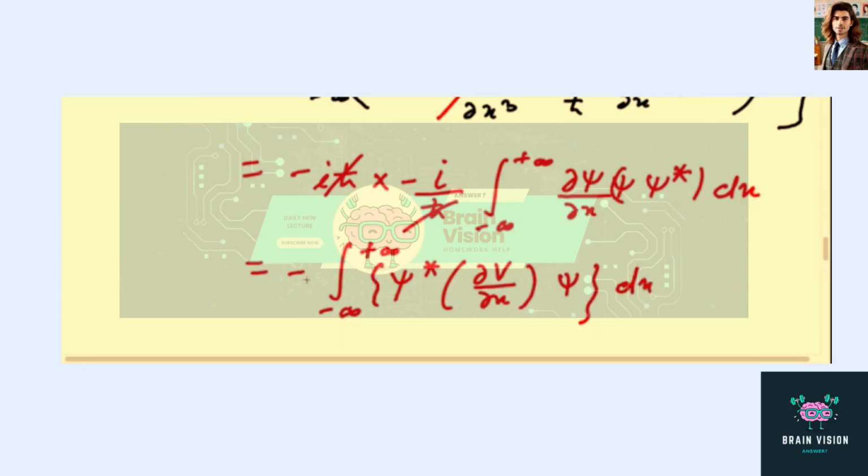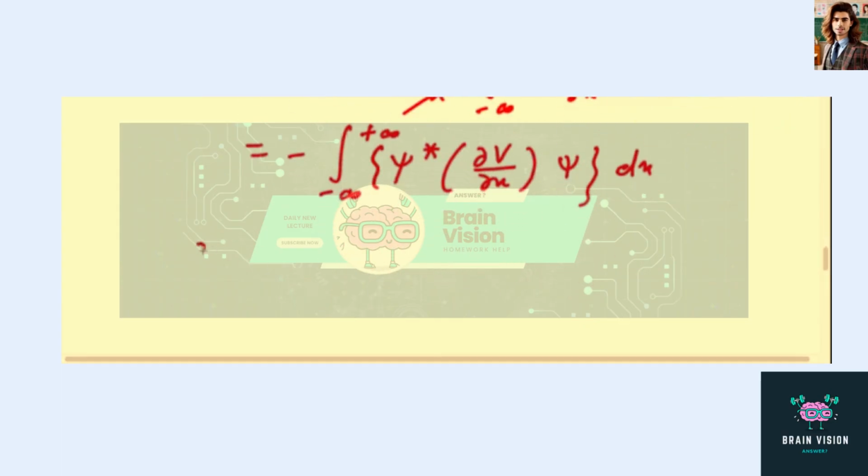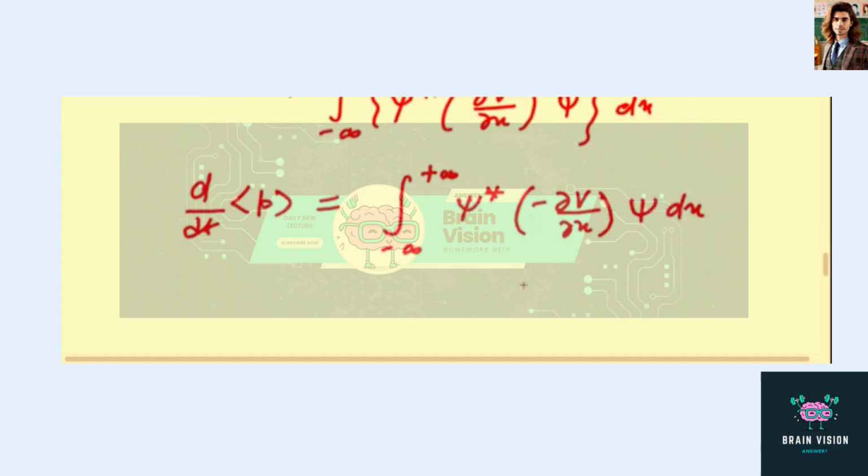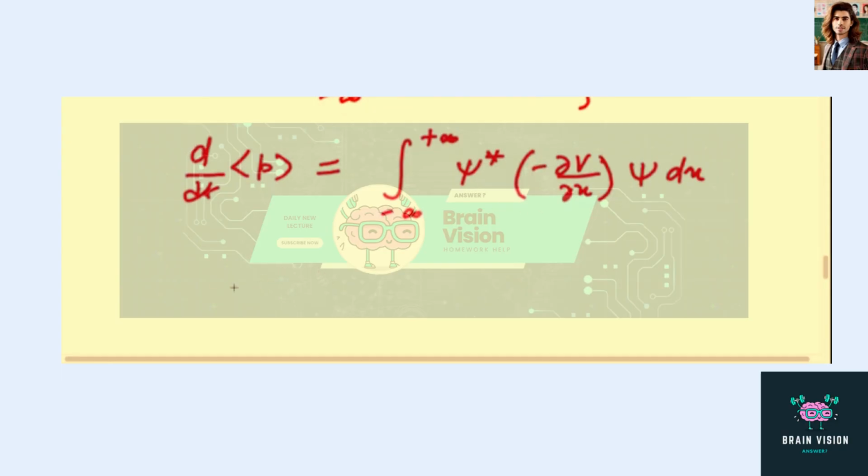And if I take this negative sign here, then it will be d/dt of p is equal to minus, integral of ψ* ∂V/∂x ψ dx. This is nothing but the expectation value of ∂V/∂x. Hence d/dt of p is equal to the expectation value of minus ∂V/∂x.